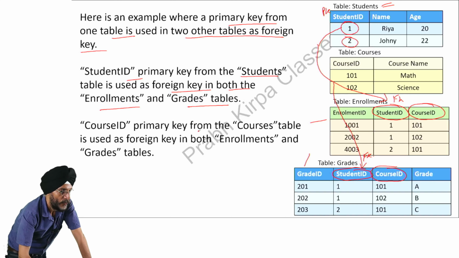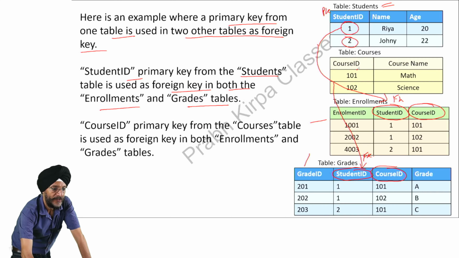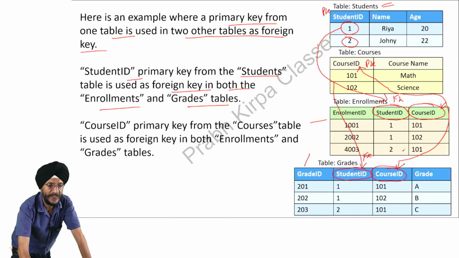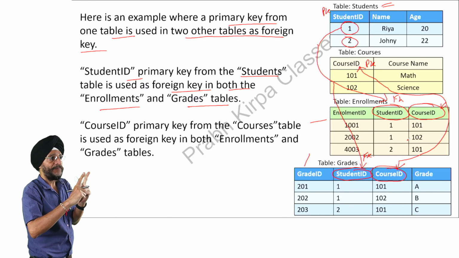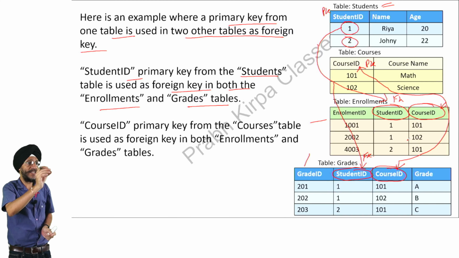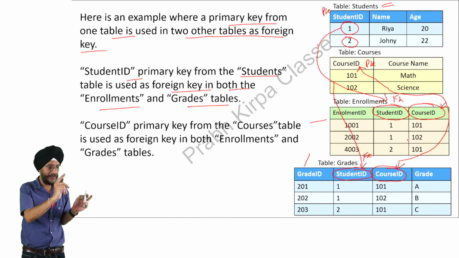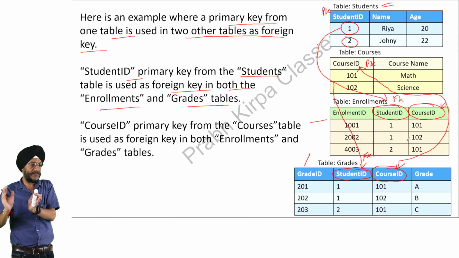In the same way, course ID from the course table, where it is the primary key, appears as foreign key in this table as well as in this table, two other tables. So the primary key is one, and it appears in different tables as foreign key. Primary key one, two other tables foreign key.